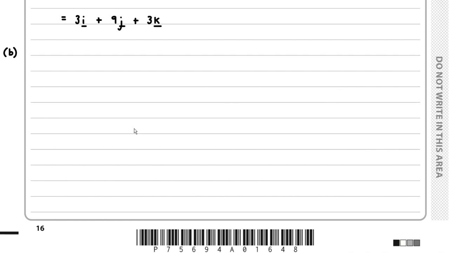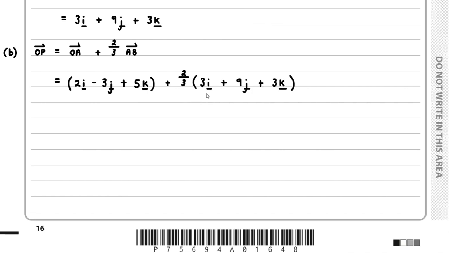This means OP is equal to OA plus 2/3 of AB. So we have OA, which is 2i subtract 3j plus 5k, and we add on to this 2/3 of AB, which we have worked out to be 3i plus 9j plus 3k.